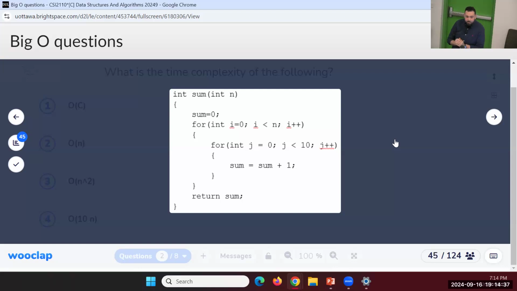That's n. So what do I have? I have n and I have a constant. It's going to be n. Let's say this constant is whatever, 10, I don't care. It's going to be n at the end. So O of n. Is this clear? So we're going step by step. Things are going to get more complicated. Is this clear? Yes.